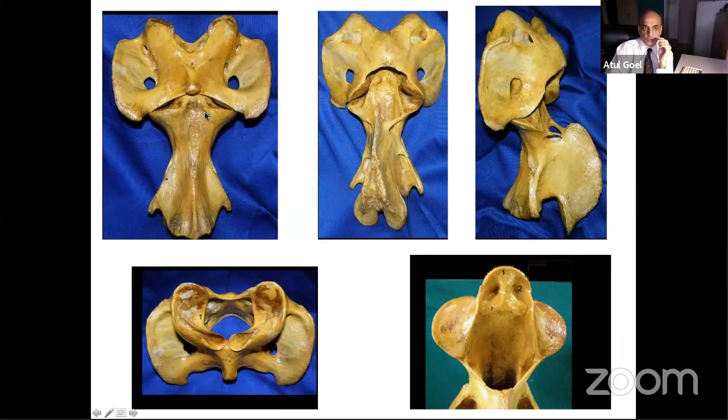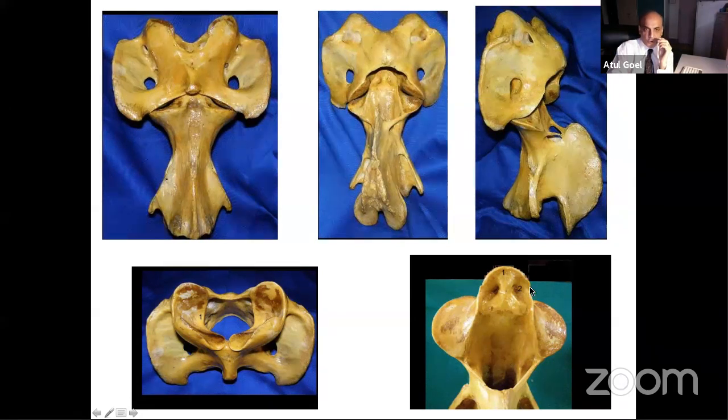This is the articular surface for C1. This C1 articular surface is quite flat. This occipital articular surface is quite deep. So C1 and C2 articular surfaces are relatively small and quite flat.